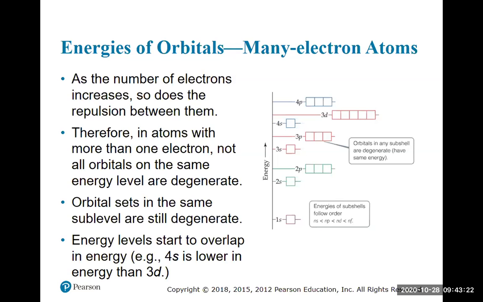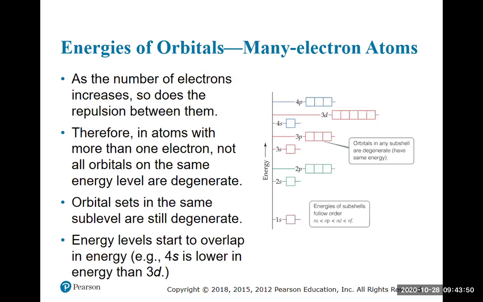But what we see is that going from 1s to 2s, the 2s and 2p are at slightly different energy levels. When we get to n equals 3, 3s and 3p are at different energy levels, and 3d is at an even different energy level. More importantly, now we've got 4s, which we would expect to be at a higher energy level than the 3's, but is actually slightly lower than the 3d.